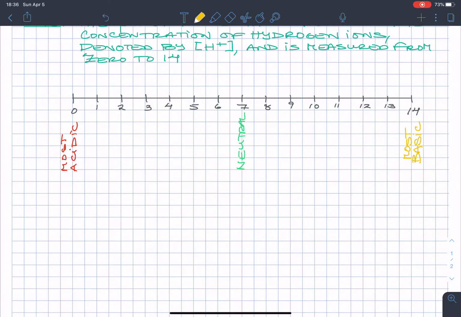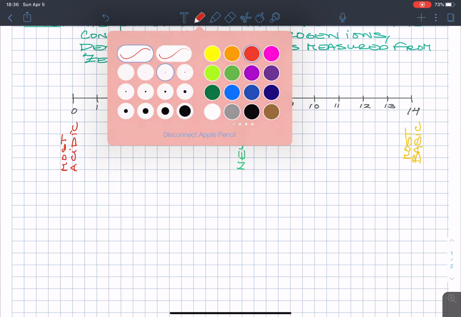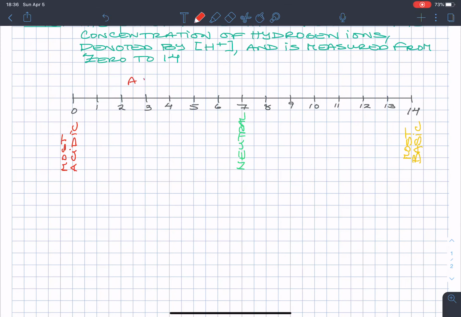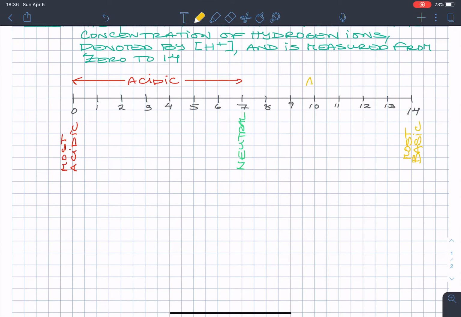Okay, so I use the term acidic and alkaline. Acidic would be anything to the left of neutral, between 0 and 7. And then alkaline would be anything to the right of neutral, like lye or something to make soap with, which really burns.